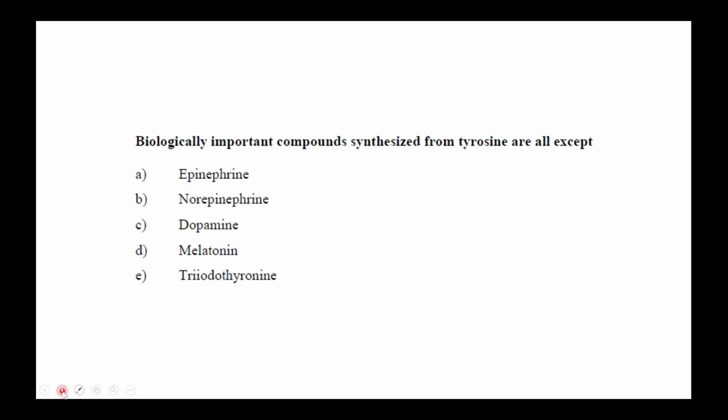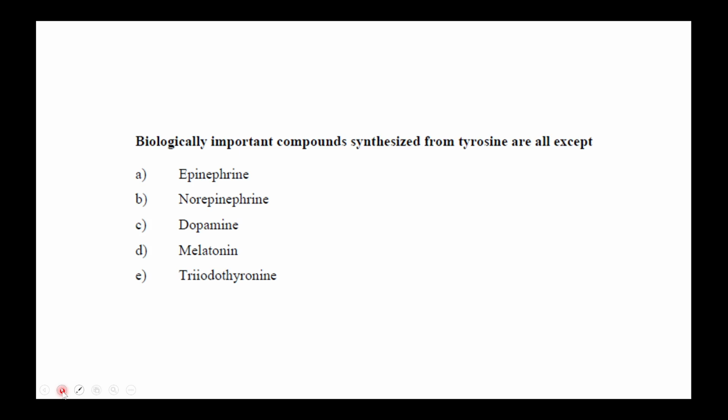Biologically important compounds synthesized from tyrosine are all except. What are the compounds that are synthesized from tyrosine, and which of the following is not synthesized from tyrosine? You have to tell which is the compound that is not synthesized by tyrosine. Option A, epinephrine.